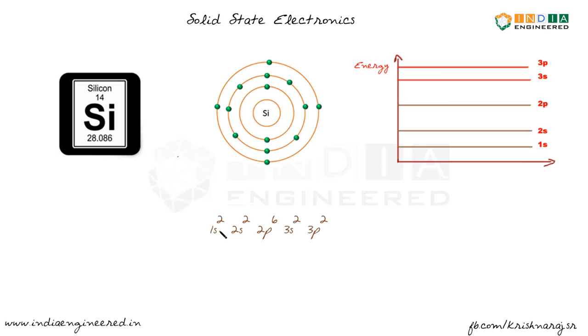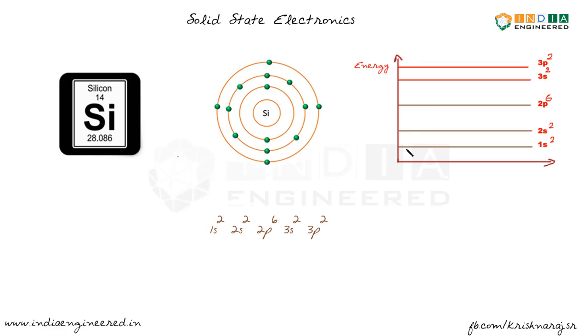So we have discussed the electronic configuration of silicon, which is 1s2, 2s2, 2p6, 3s2 and 3p2. Here we are plotting the energy levels corresponding to the subshells. We have 2 1s electrons, 2 2s electrons, 6 2p electrons, 2 3s electrons and 2 3p electrons.